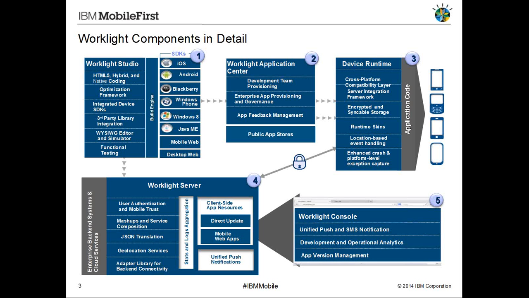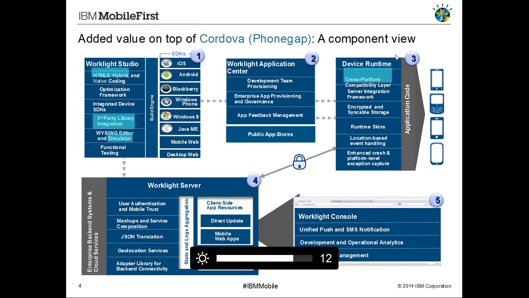Now, just like the way I introduced Worklight, I just want to spend about one slide taking you through what is there in PhoneGap. Here I've superimposed the PhoneGap functionality, or the Apache Cordova functionality, on top of IBM Worklight.